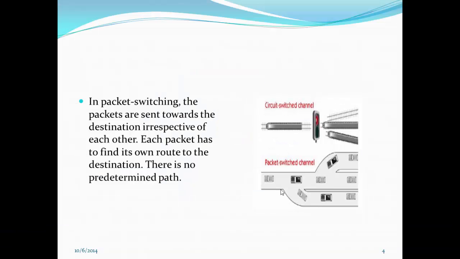As you can see in this PowerPoint slide, in the circuit switching channel, the connection must be established before the transmission takes place. At the bottom, the data is broken down into smaller pieces and it's sent to a different channel. So there is no predetermined path.